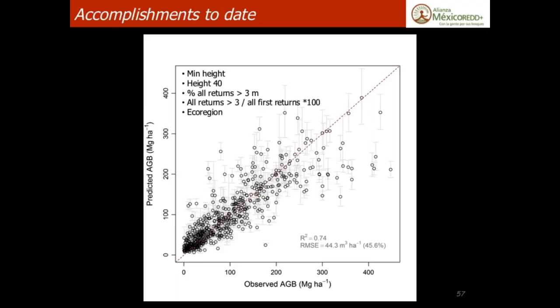Well, height 40 is the height at which we see 40% of the returns. We can divide this entire profile into quantiles, we can divide it many different ways. But for example, height 40 is where we see 40% of the returns. So that's another metric. And like I said, there's many, many of these. All right, go back to the equation.